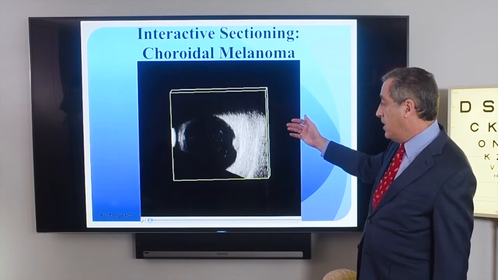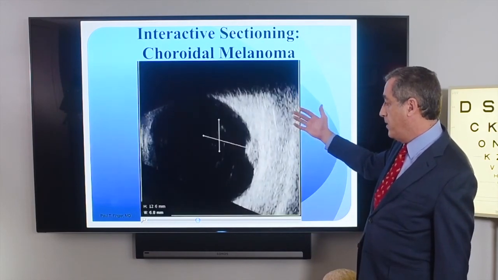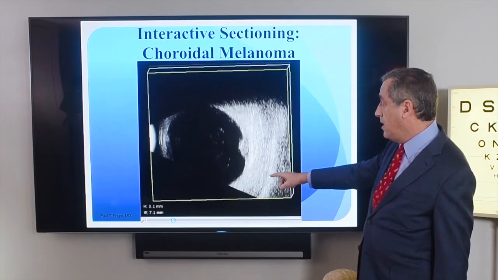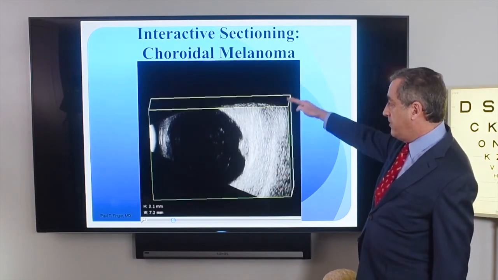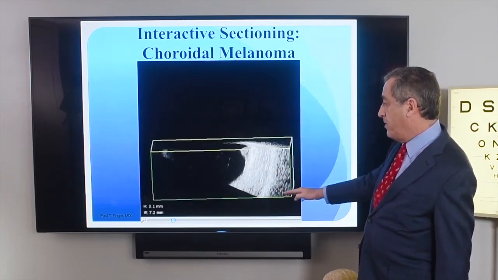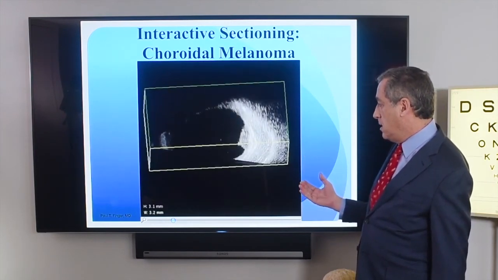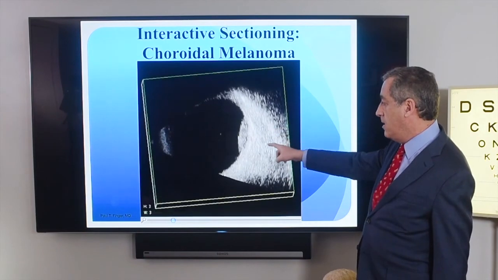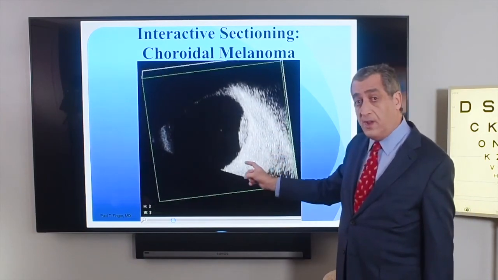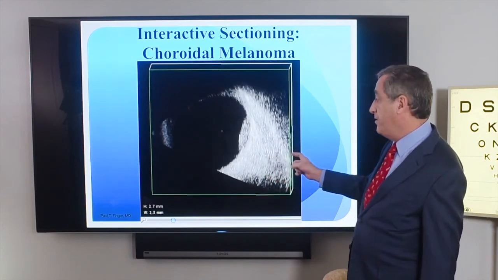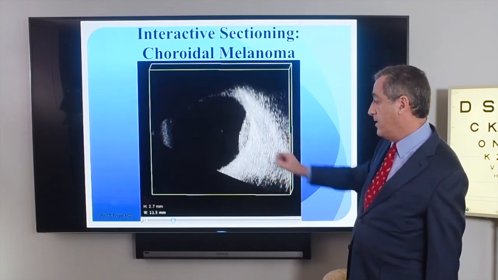We're going to line it up, blow it up, measure the tumor with these calipers, and then we'll be able to interactively go through the volume, pull it out, and measure it again. You see this tumor is actually much different in longitudinal and transverse dimensions, much wider here.